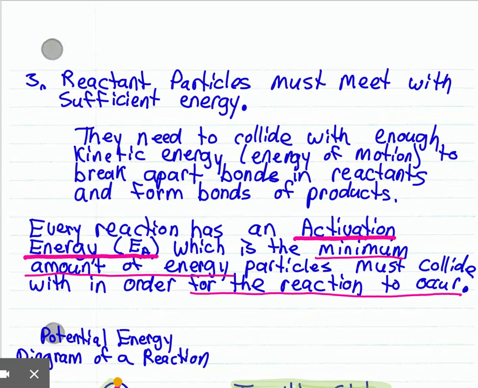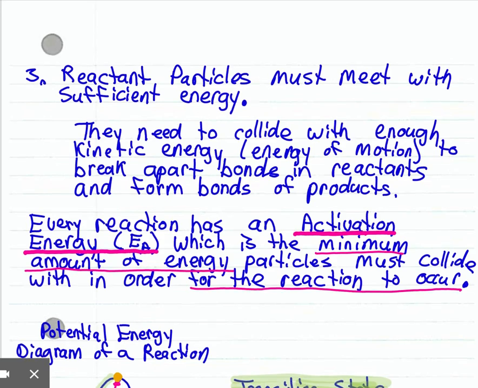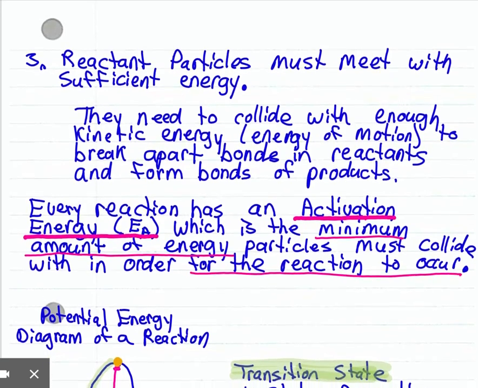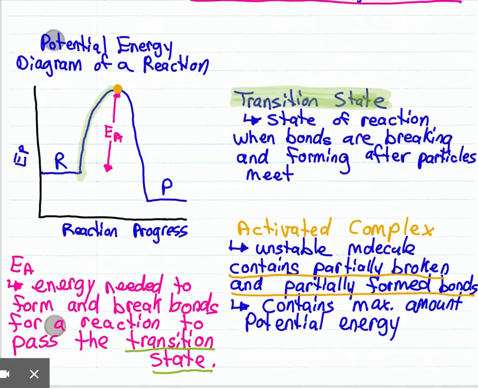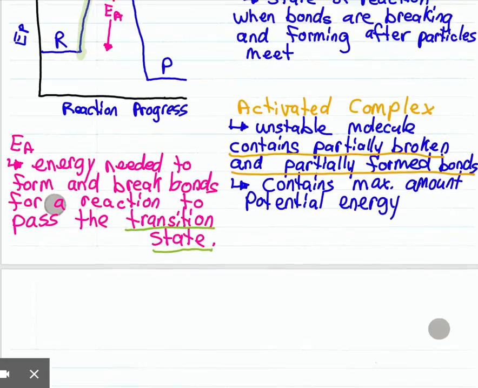The minimum amount of energy that is needed for a reaction to occur is called the activation energy. We know this already. We talked about the potential energy diagram that looks like this, with an activated complex in a transition state, and the activation energy is the amount of energy in between the reactants and the activated complex.